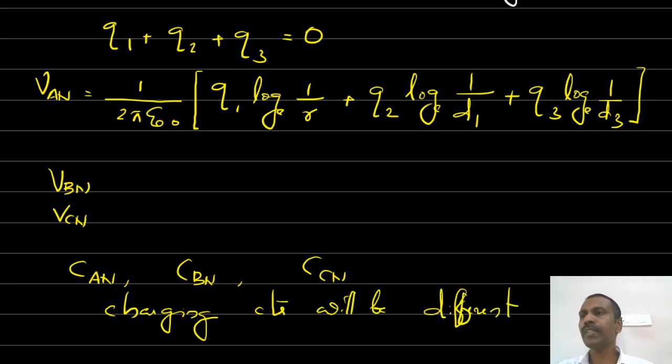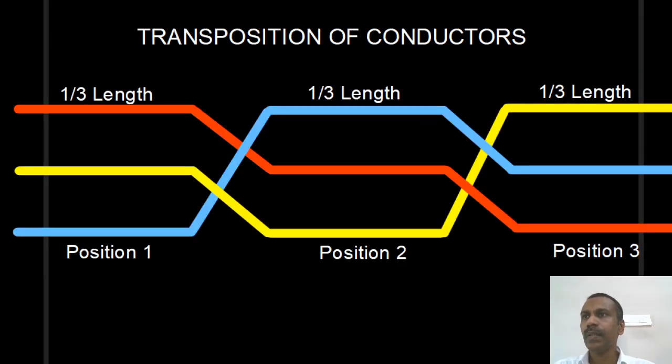Actually, we want to have the same charging current in all the three phases, or we want to have the same capacitance in all the three phases. How can we make the capacitances in all the three phases equal? By doing the transposition of conductors, the capacitances in the three phases can be made equal.